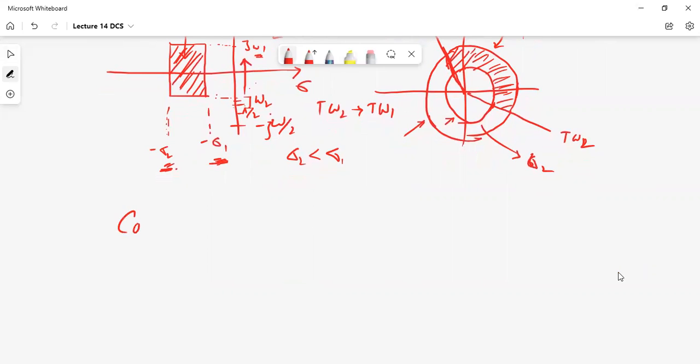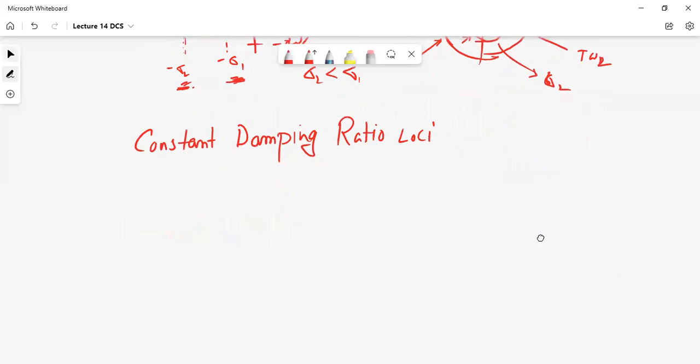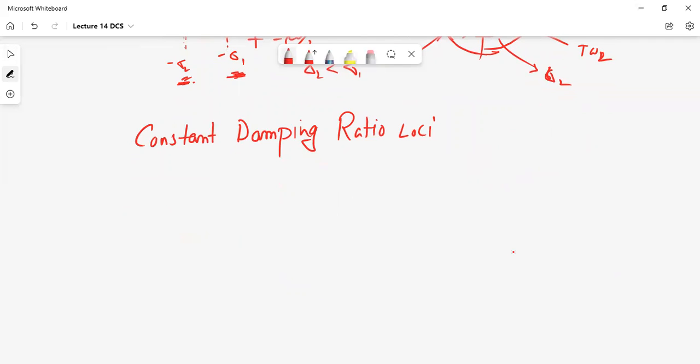Now the next thing is constant damping ratio lines, or loci. Let us go with a bit of formula first, then we'll see how it looks in the figure. s equals minus zeta omega n plus j omega n root of 1 minus zeta square, which is nothing but your sigma d and omega d.